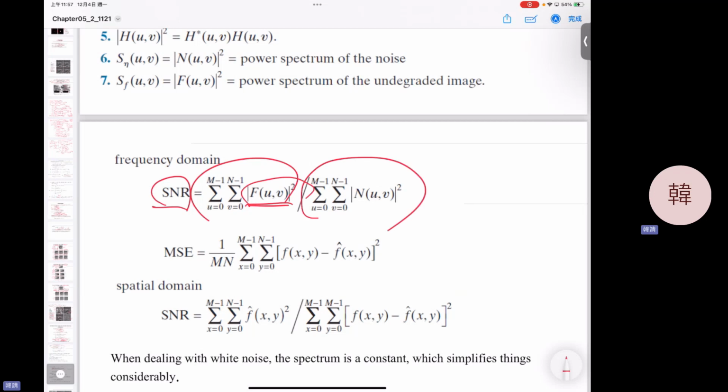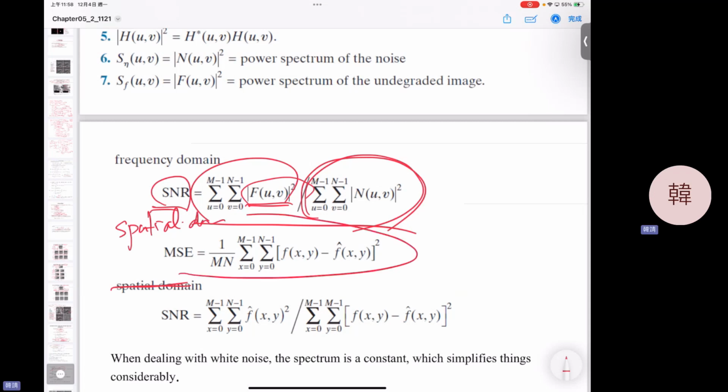Noise is your noise spectrum, and you take the square of the noise spectrum values, sum them up together, and take the ratio. We call it the signal noise ratio. But in the spatial domain, sorry, it should be here, the spatial domain, you are going to calculate the mean square error. It's a way to evaluate the difference between your estimated and your original image. You just take the differences, square them, sum up, and take the average. We call it the mean square error.